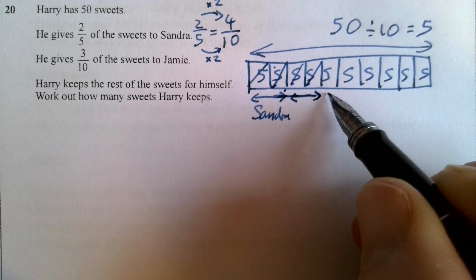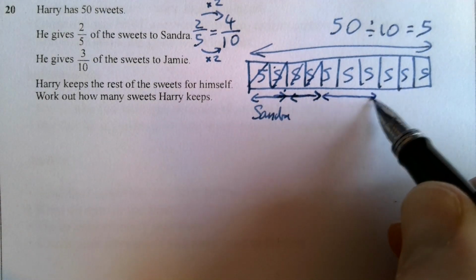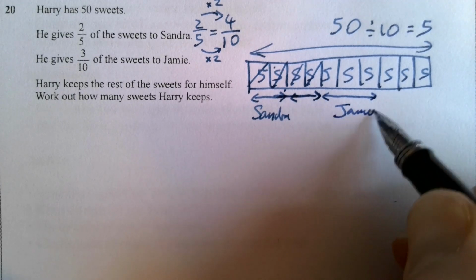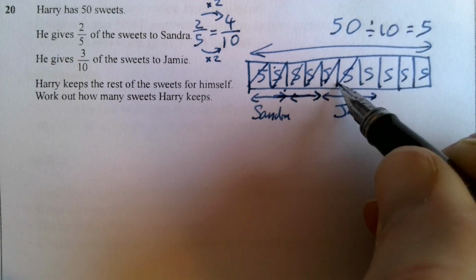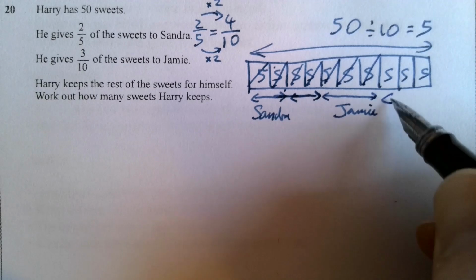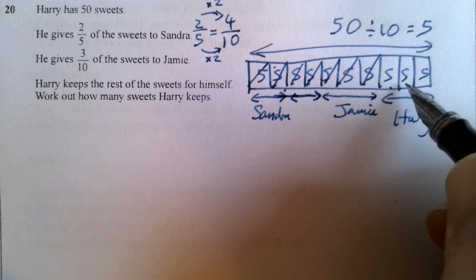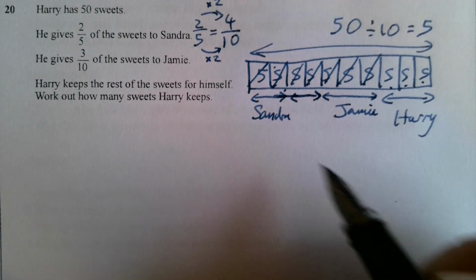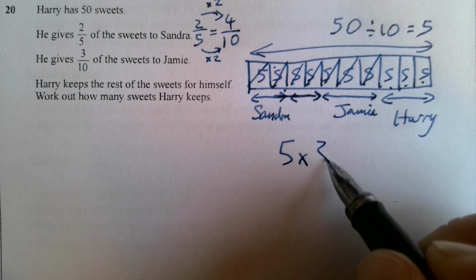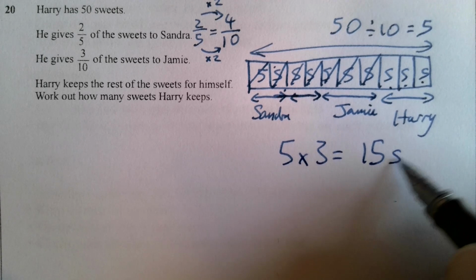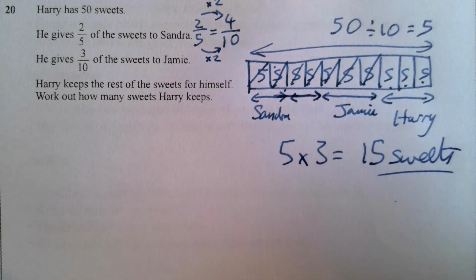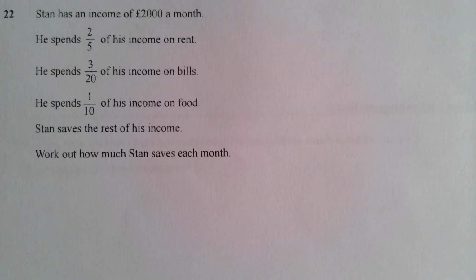Jamie gets to keep 3/10, which is those 3. So Harry doesn't get to keep those either. Harry gets to keep those, which is also 3/10, but in each tenth we've got 5 already written to us. So it's 5 times 3, which is 15 sweets.